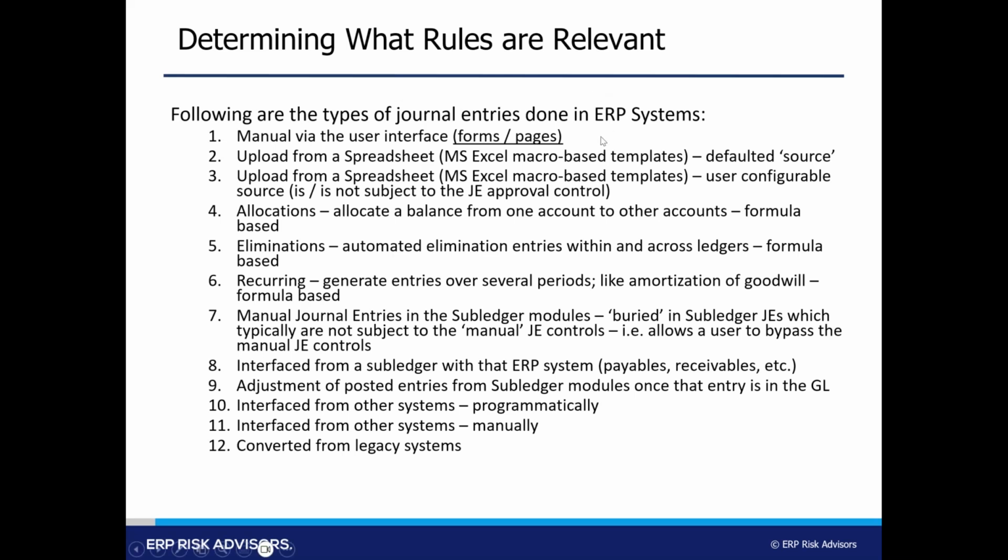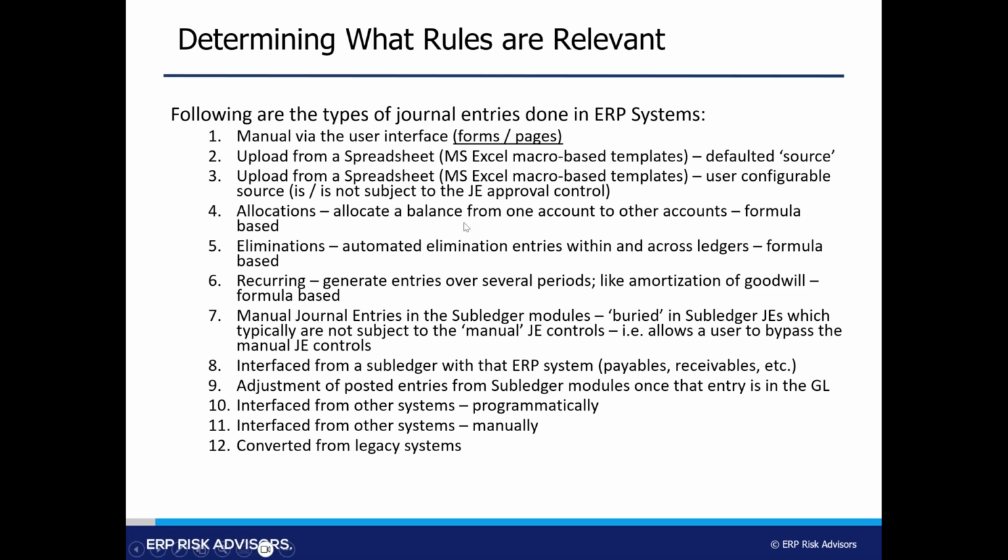So, kind of going back to determining what rules are relevant in looking at your access controls, we've talked about these first 3. There's allocations as another activity within ERP Cloud that also existed in EBS, if you're familiar with that.